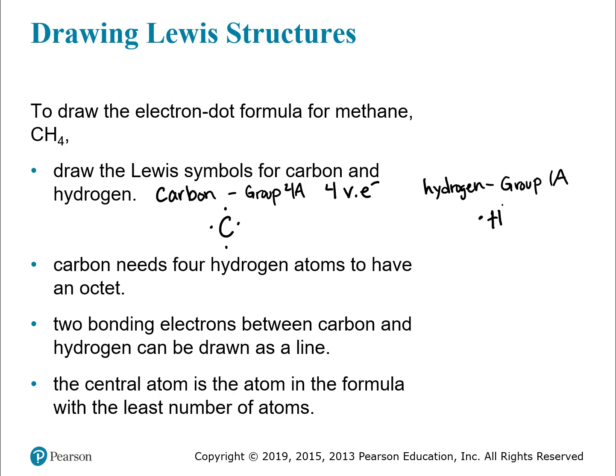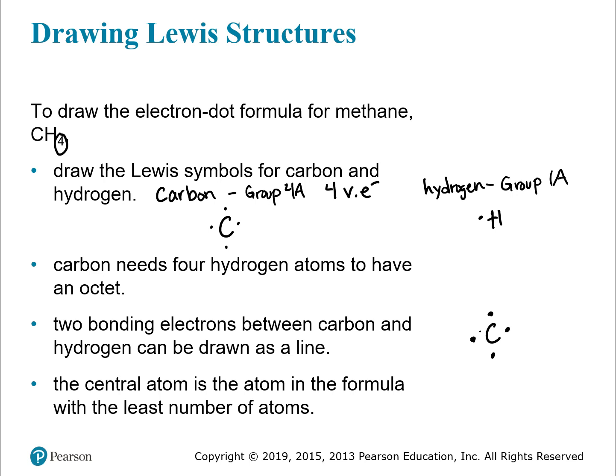The carbon is going to need 4 hydrogen atoms to have a complete octet because it needs 4 more electrons. And you can see in the chemical formula, methane is CH4. Now you may be wondering, how do you figure out which atom goes in the middle? The central atom is going to be the atom in the formula that you have the least number of them.